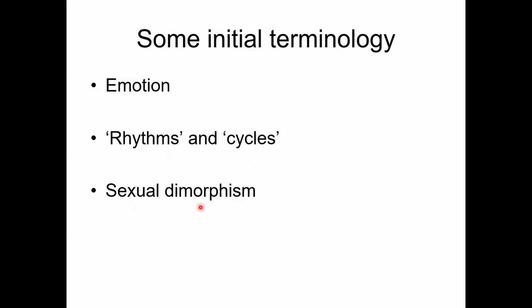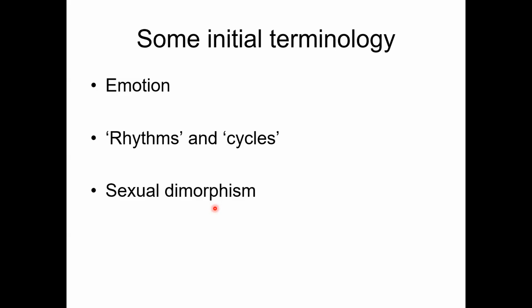Then we'll talk about this term, sexual dimorphism. So very briefly, it's a very big topic. There is a part of the hypothalamus called the SDN, sexual dimorphic nucleus, that basically develops as quote unquote male or quote unquote female when you are a fetus.